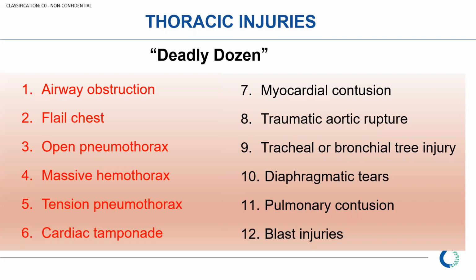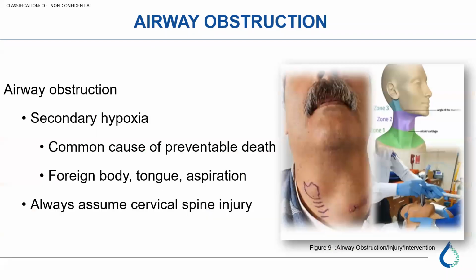Some are like the airway obstruction, the flail chest, the open pneumothorax, the massive hemothorax, the tension pneumothorax, and the cardiac tamponade. And the rest require some diagnostic tools that can usually be diagnosed in the hospital or in the ongoing exam. But we'll focus on the first 6 because thoracic trauma is a big topic.